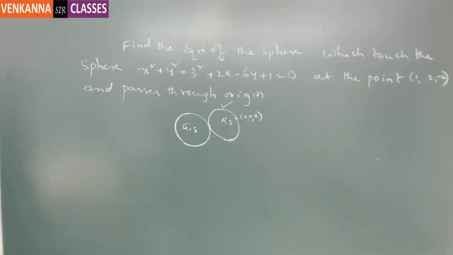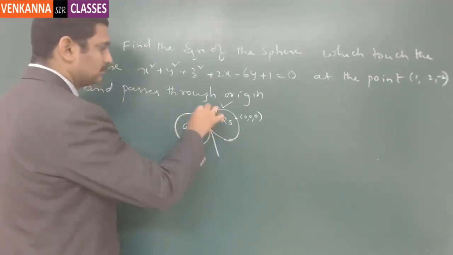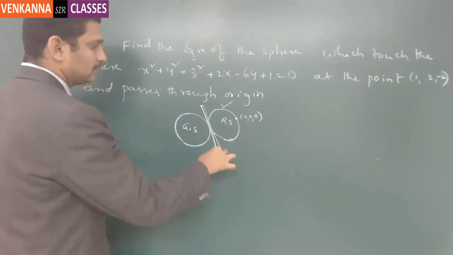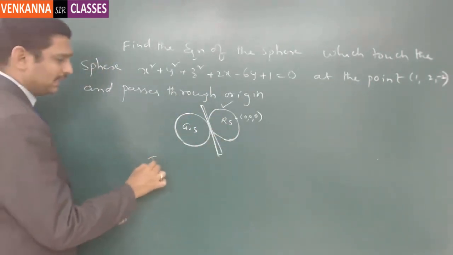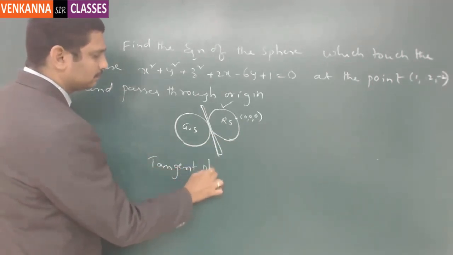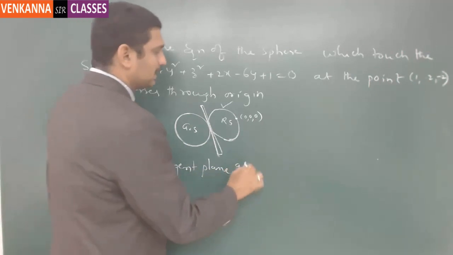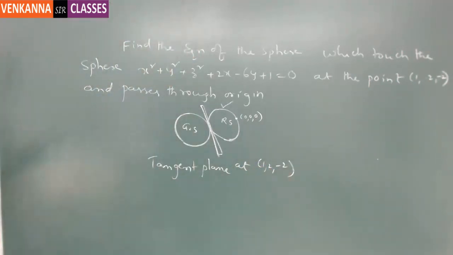Now I request you to calculate the tangent plane at this point. So we have to calculate the tangent plane at (1, 2, minus 2) for the given sphere.